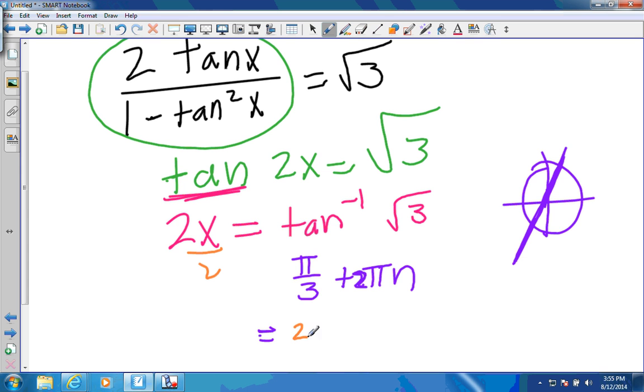So it's 2 pi, no, that's multiplying by 2. Dividing by 2, it's pi over 6 plus pi n, because you have to divide both parts of that by 2. So there's a solution to it.